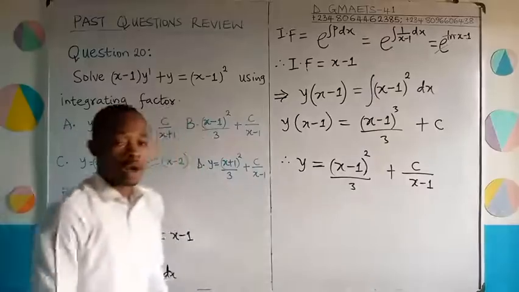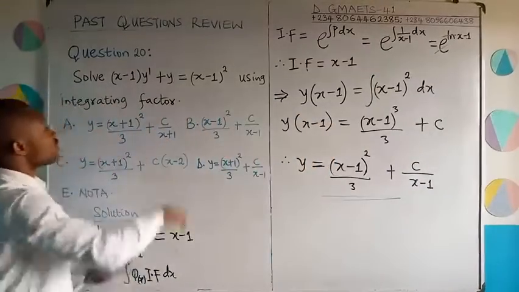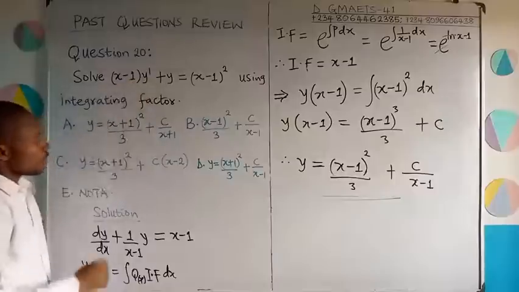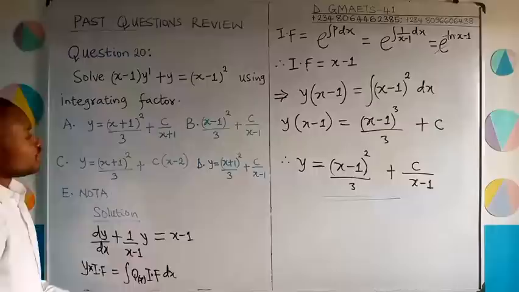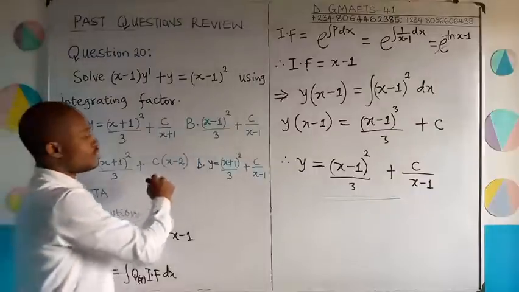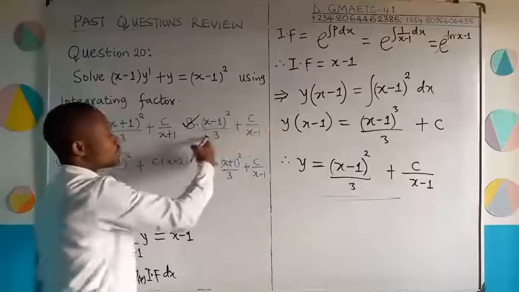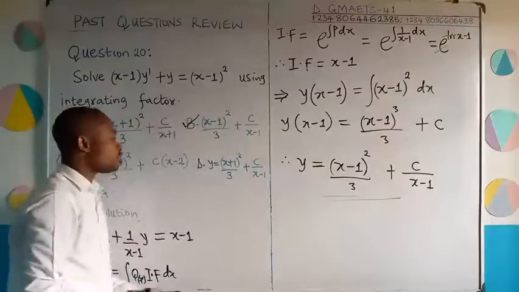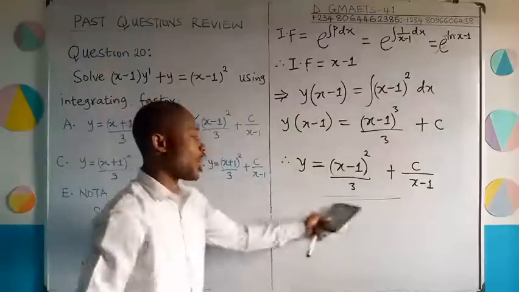And this of course becomes my solution. This is the solution of this linear first order differential equation solved using integrating factor. If you look at the options, the correct option is B. This is y equal to (x minus 1) to the power of 2 all over 3 plus c all over x minus 1.